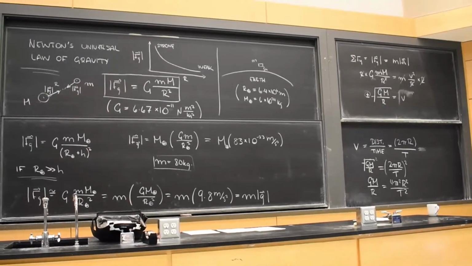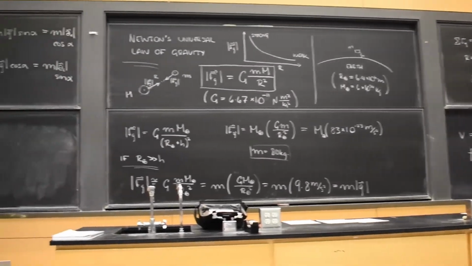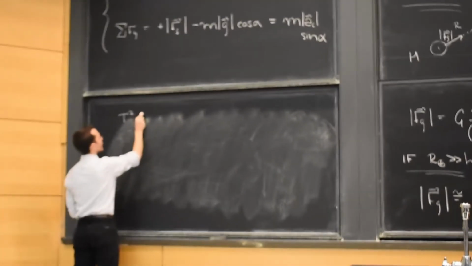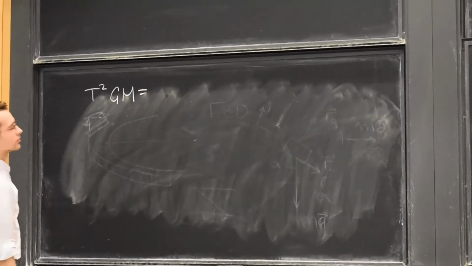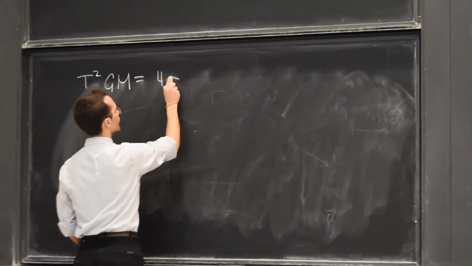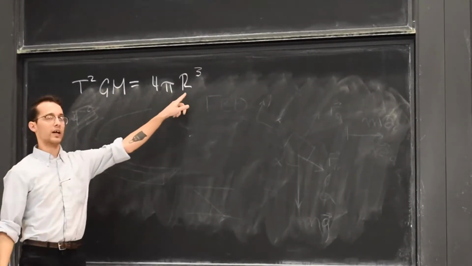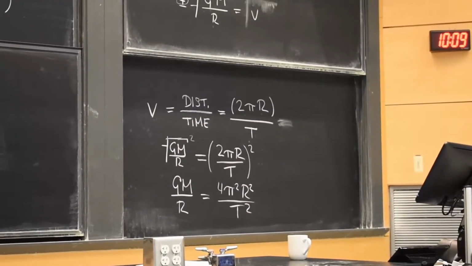Now that we have that, we're just going to rearrange a little bit, and we find, by multiplying both sides by T squared and both sides by r, that on the right-hand side it's r cubed, because we already had r squared over there, and we're multiplying both sides by an r, so that raises it up.